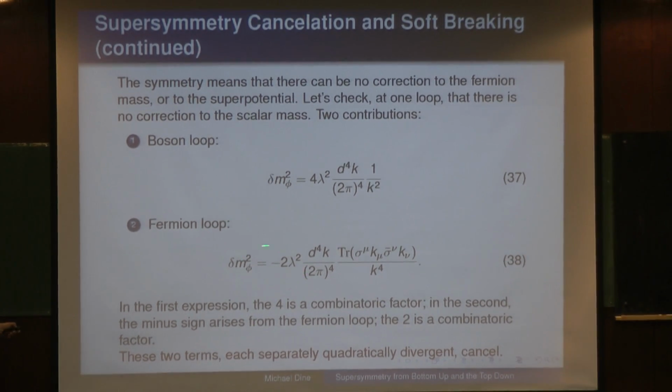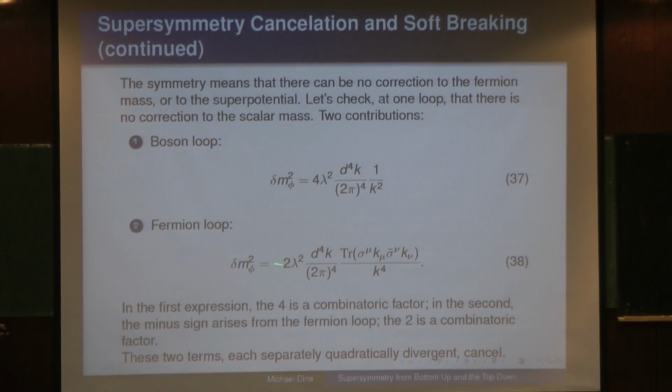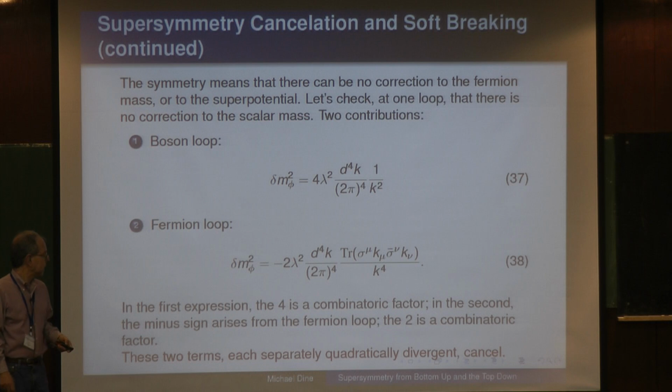And the minus sign here for the fermions arises from the fermion loop. There's a 2 when you take the trace here, and that gives you, in the end, an exact cancellation of these two terms. So we have these terms which are quadratically divergent, as we talked about in the first lecture, and they cancel. So this we saw yesterday.